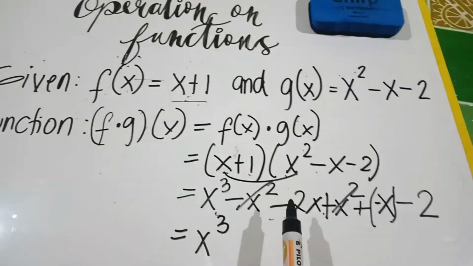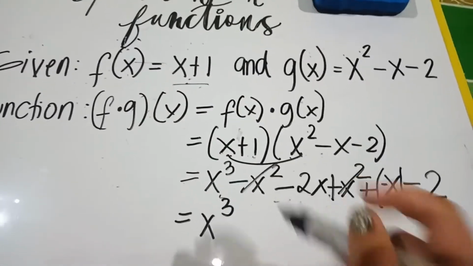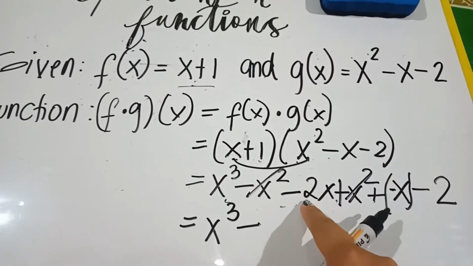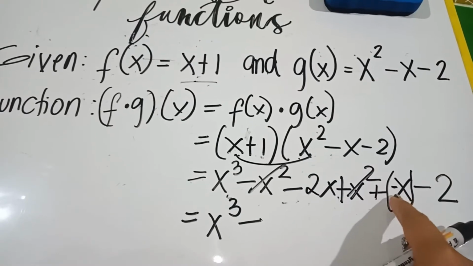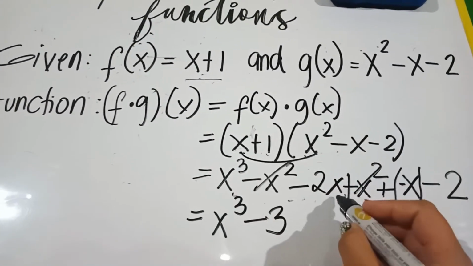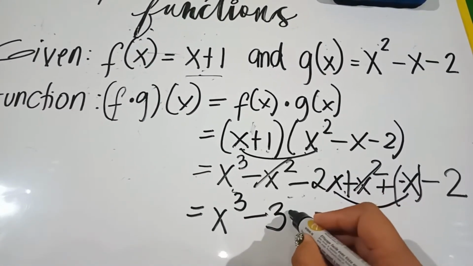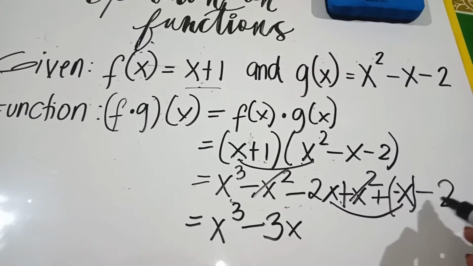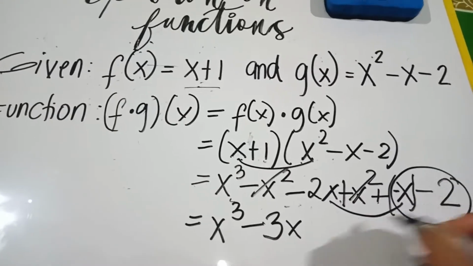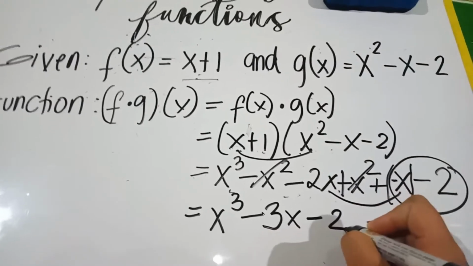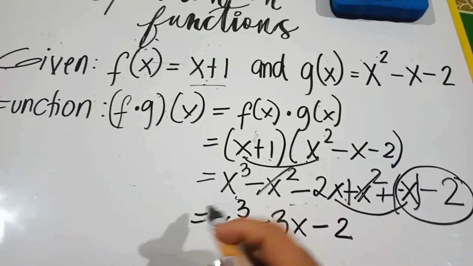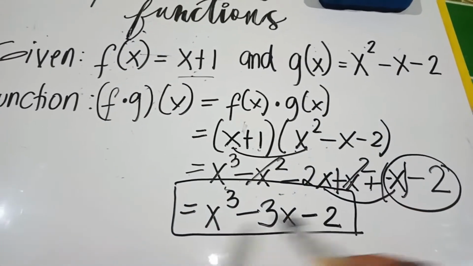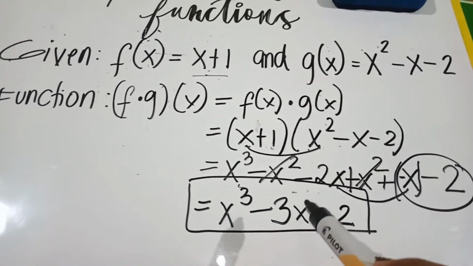The common sign of 2x and x is negative, kaya magiging minus yan dito. And then, 2 plus 1, dahil invisible si 1, that is 3, and copy the common variable, which is x, kaya minus 3x. And then, may constant term ba dyan, maliban sa 2? So, wala. Kaya, bring down minus 2. So, wala na tayong like terms, kaya this is the final answer. X cubed minus 3x minus 2.